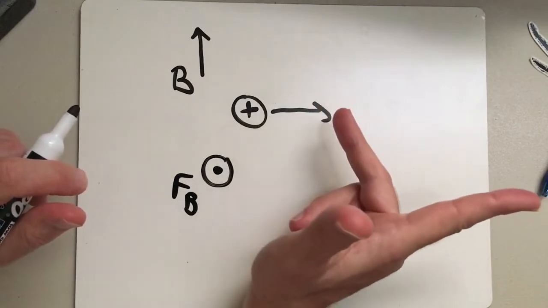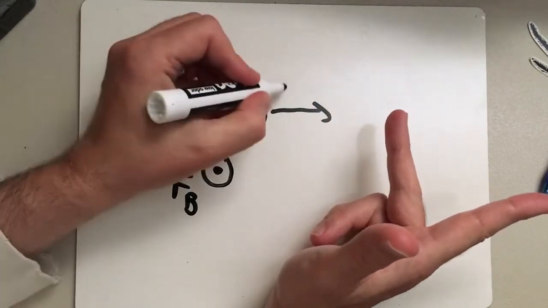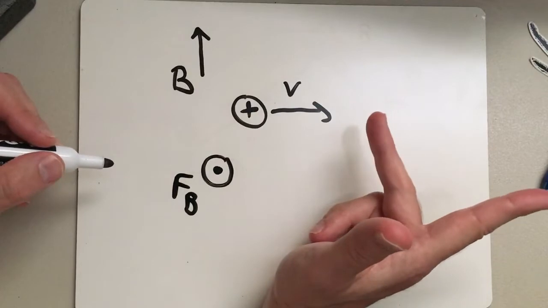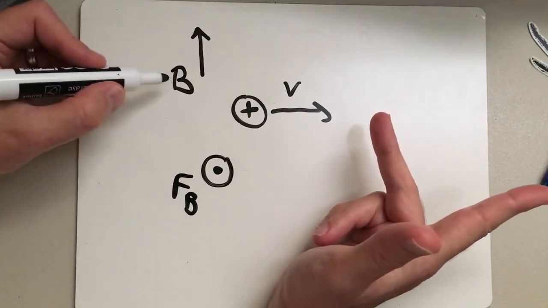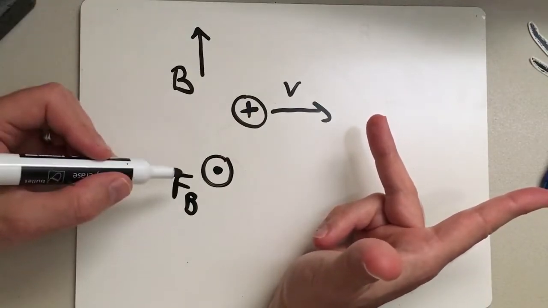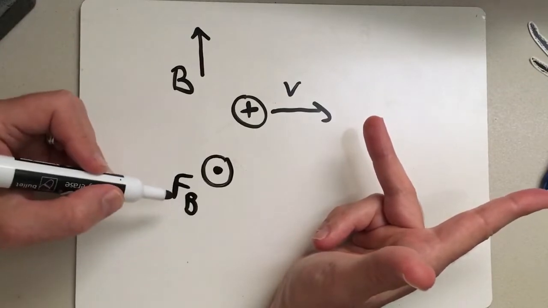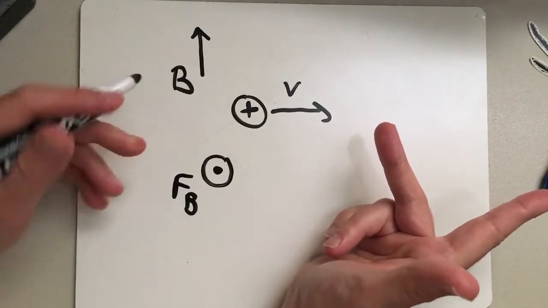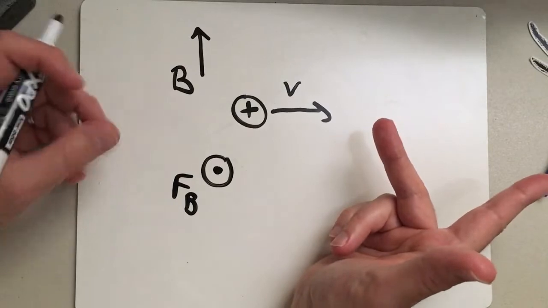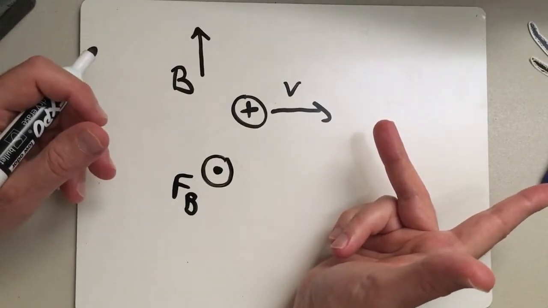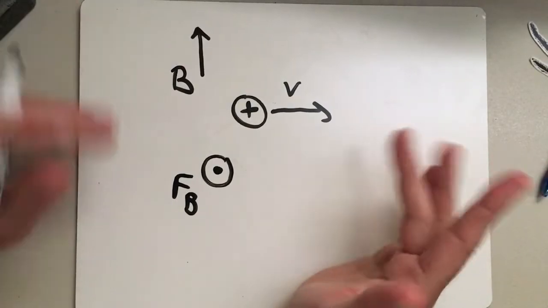So again, index finger in the direction of the velocity, which I should label, middle finger in the direction of the magnetic field, and then the thumb, which you stick straight out, is in the direction of the magnetic force. So this is the right-hand rule for figuring out the force on a charged particle. Now, a couple things I want to point out.